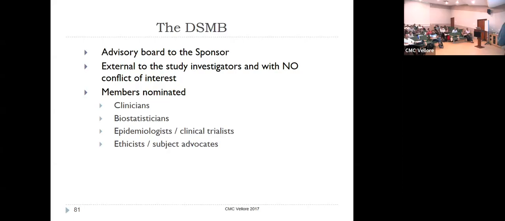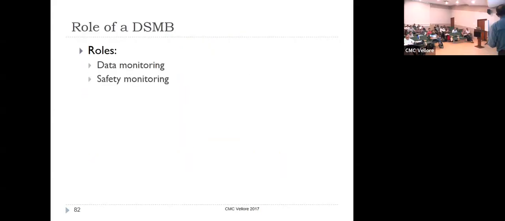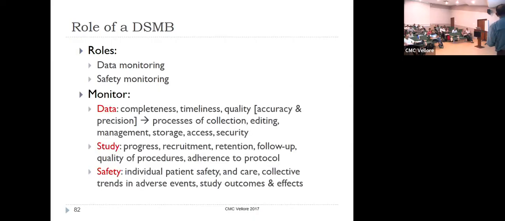Its members are different people nominated by the sponsor, no conflict of interest, an odd number of members. And so their role is data monitoring and safety monitoring. So I mentioned this. They monitor data, they monitor study integrity, they monitor safety of individual patients, collective trends, and study outcomes.